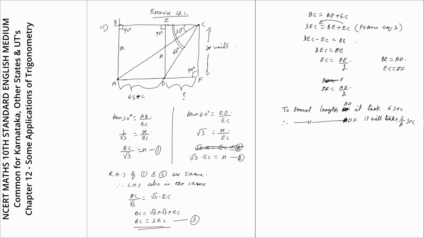Since DF is half of AD, the time taken by the car will be equal to 6 by 2, which is equal to 3 seconds.